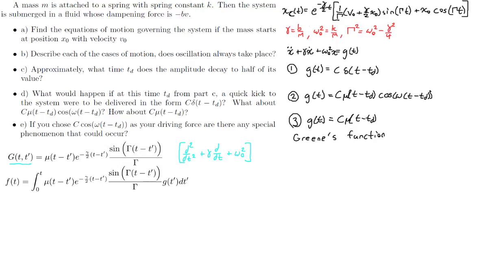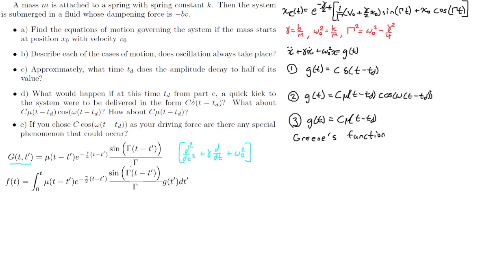And if you'll notice, this is the operator that's operating on the function x, right? I'll do a separate video where I go into greater length as to how I got this and the theory behind it and all that good stuff. But for now, just know that this is the Green's function that we're going to be working with.